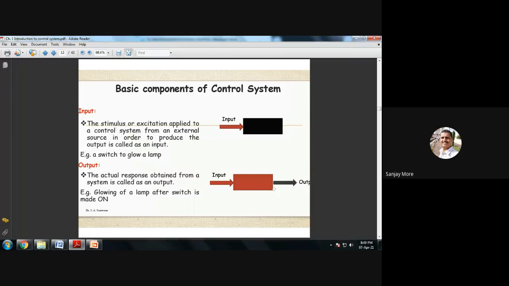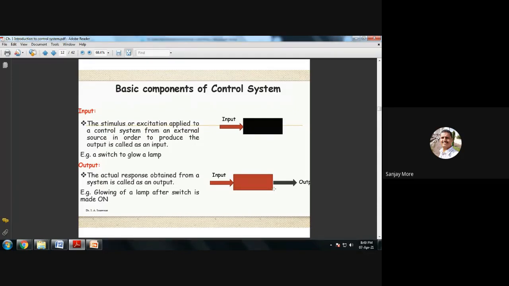So basic control system has components. First one is input, second one is output, third one is system. Input means when you have to start your room fan, input is required, means 230 volt AC supply is required to rotate the fan.